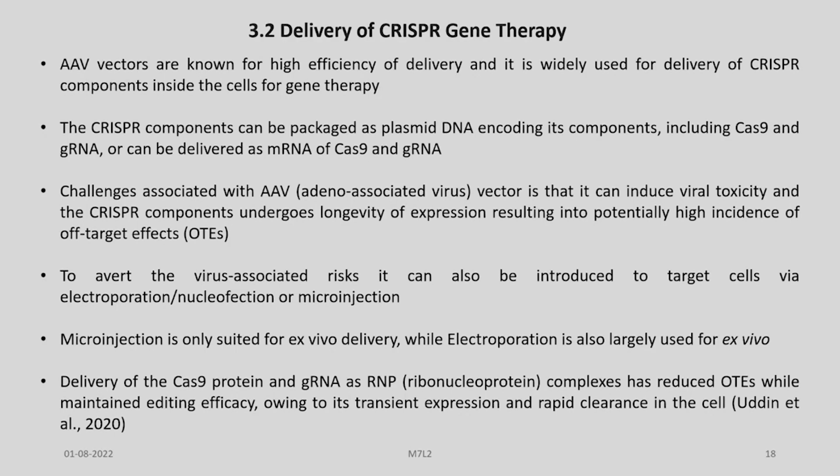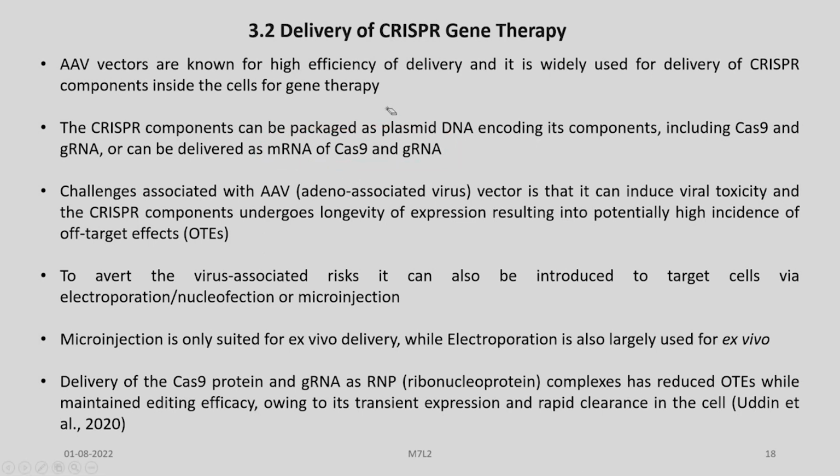AAV vectors are known for high efficiency of delivery, and they are widely used for delivery of CRISPR components inside the cells for gene therapy. The CRISPR components can be packaged as plasmid DNA encoding its components including Cas9 and guide RNA, or these can be delivered as mRNA of Cas9 and gRNA.